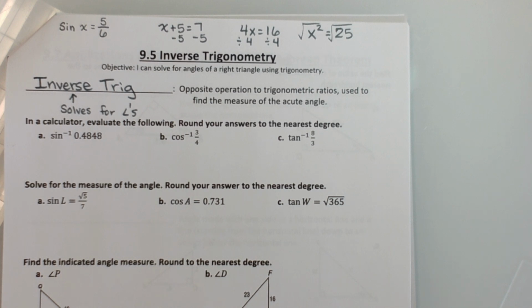So, first things first. When it comes to working with inverse trig, we have to be able to do some basic evaluation. The basic evaluation is the can you plug it into the calculator type of thing.